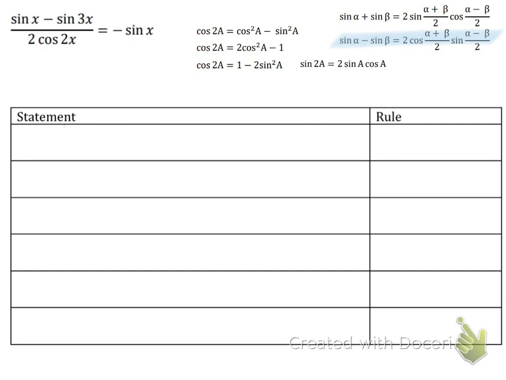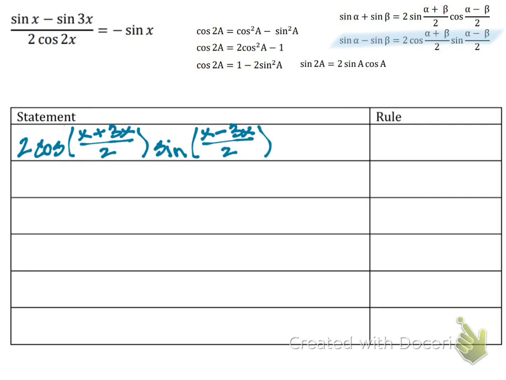It's going to be 2 times the cosine of x plus 3x over 2, times the sine of x minus 3x over 2, divided by 2 cosine 2x.